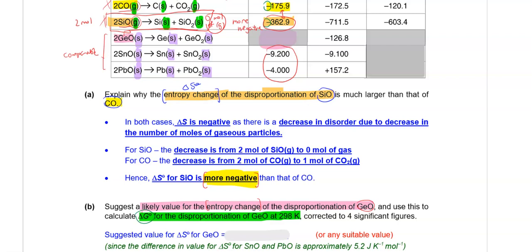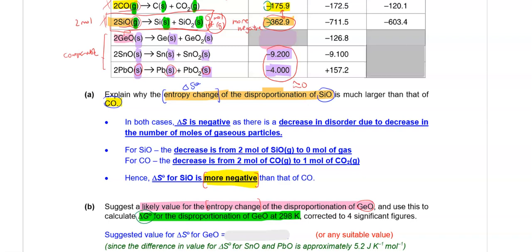One look at these 2 values, you can see that they are close to 0, because the reaction does not involve any physical state change, and no gases are produced nor used up in this reaction.